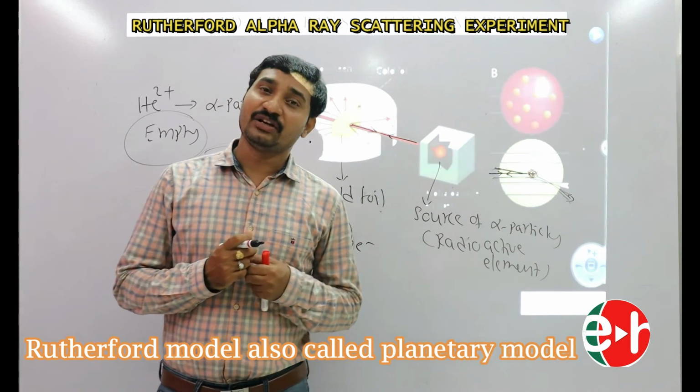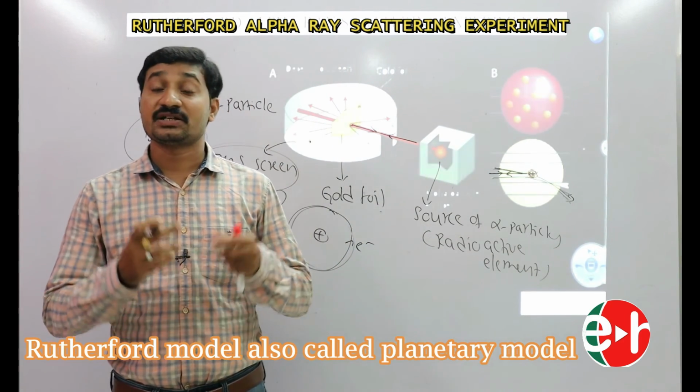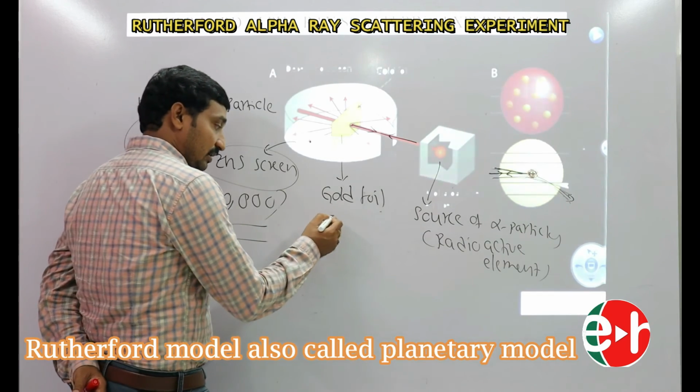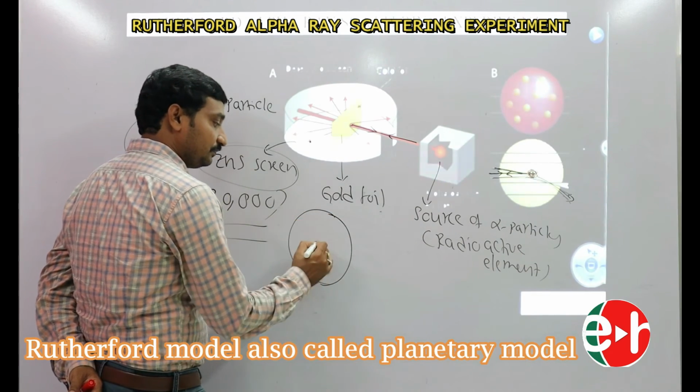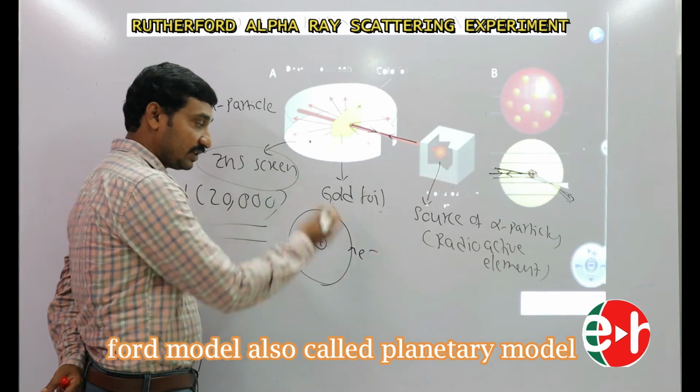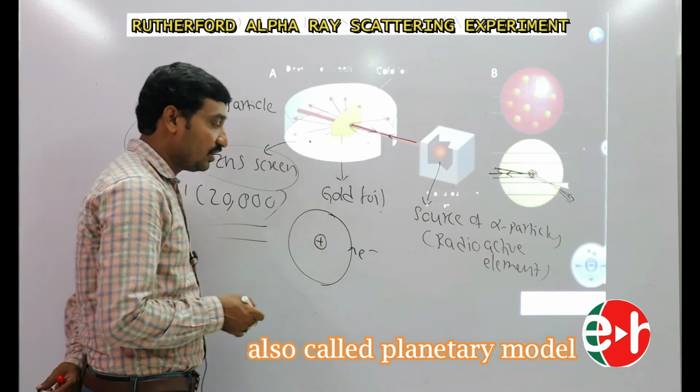But the Rutherford atomic model also has some drawbacks. Let us discuss the drawbacks. The atom is spherical in shape, positive charge is present at the center in the nucleus, and electrons revolve around the nucleus continuously.